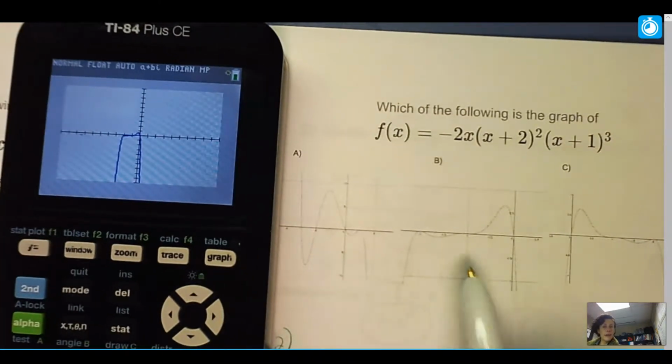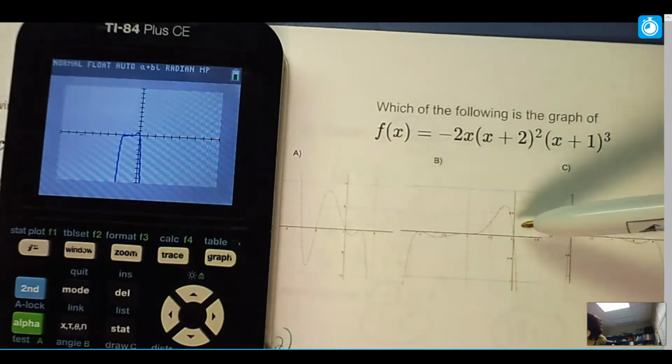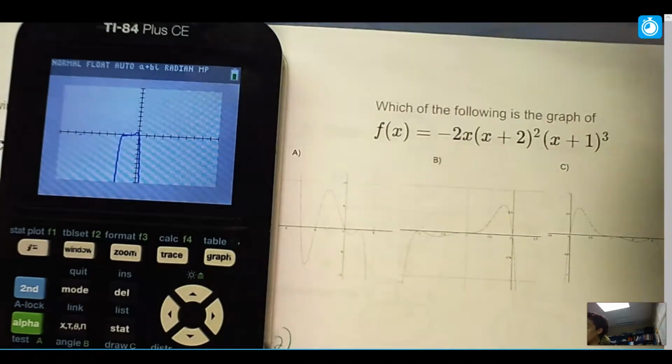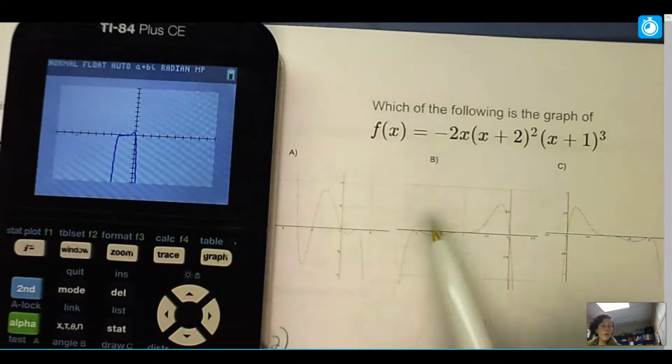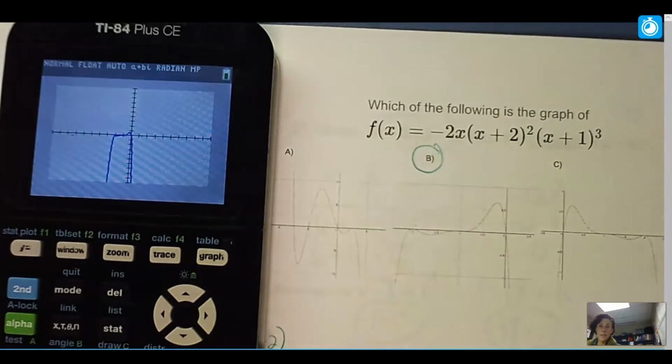And if I'm looking, you know, this is just a little more zoomed in. If you notice the scale, again, you probably can't because this is very small, but this is actually going by halves. And this is also going by halves, where this is going by 1. So when I look at which one it probably looks like the most, it does look like B.